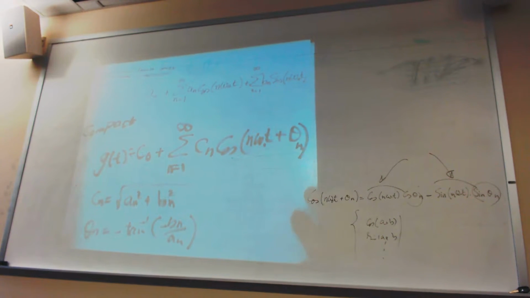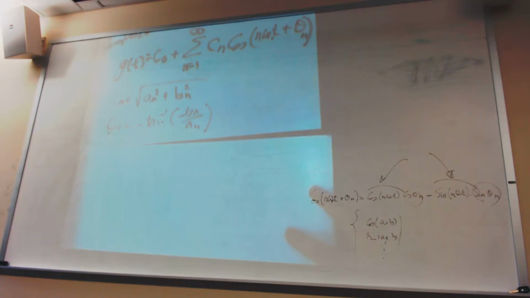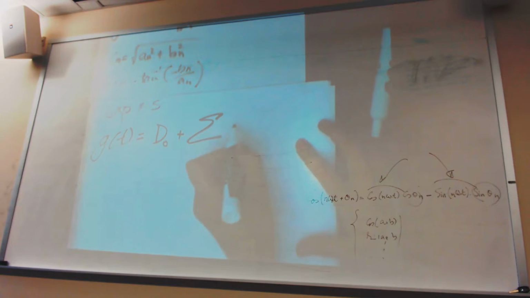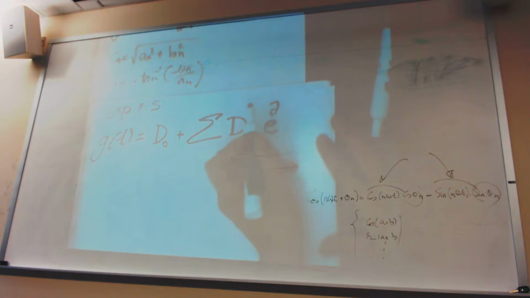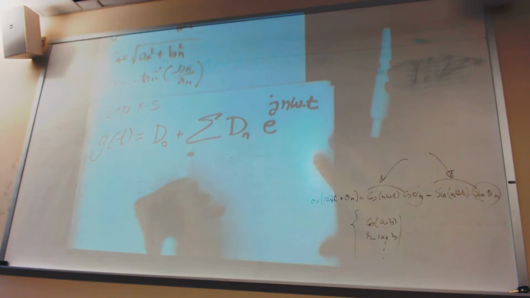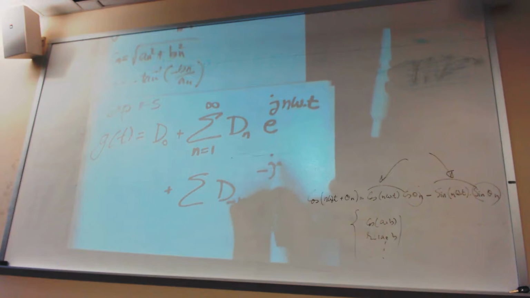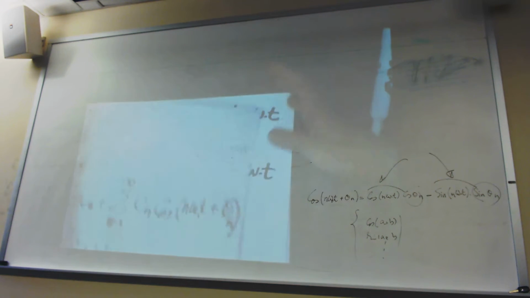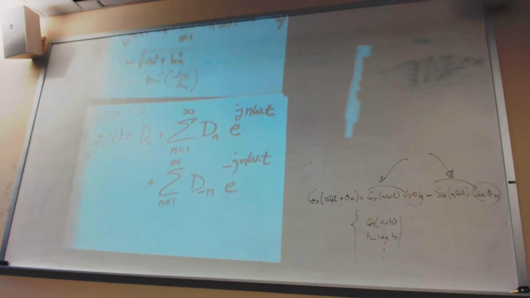Okay, and we also learned the other time the exponential form. So f of t can be written as D naught plus the sum of Dn e to the power j n omega naught t, and also we have the negative n terms. Therefore, instead of working with cosine and sine, I use the Euler formula to convert it to the exponential.